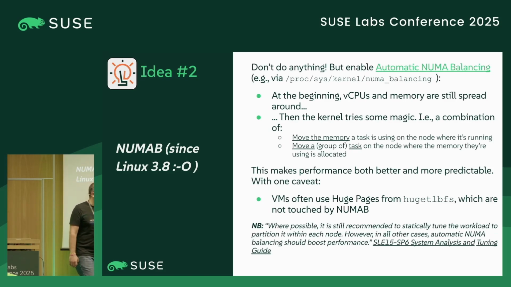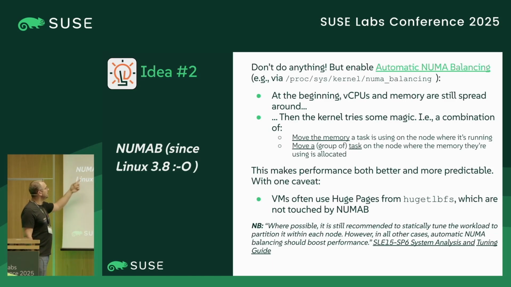So we can effectively use 1 GB huge pages and stuff like that. And if we do, then this super fancy, very effective automatic NUMA balancing mechanism is not kicking in for those pages. They're not touched.